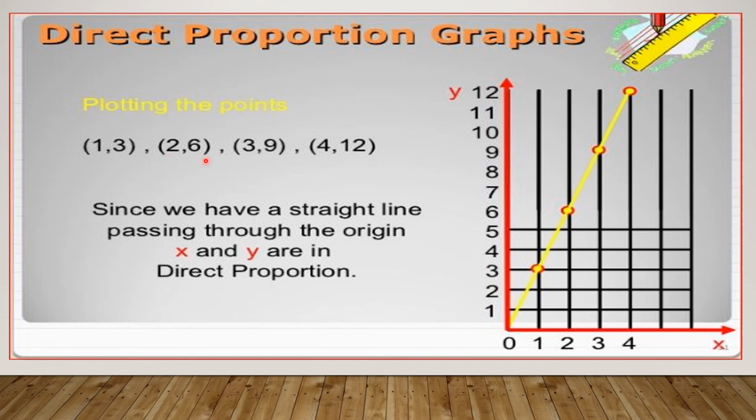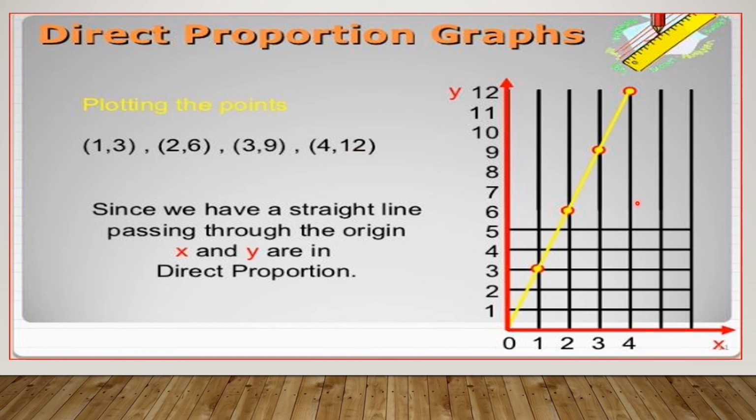Now the second ordered pair is (2, 6). 2 means the value of x, move to this 2, and for the value of y, which is 6, move 6 steps in the upward direction and plot a point. The third ordered pair is (3, 9). For 3, the value of y is 9, plot a point again. And now for the value of 4, the value of y is 12.